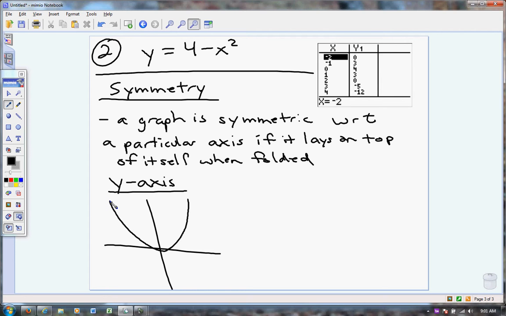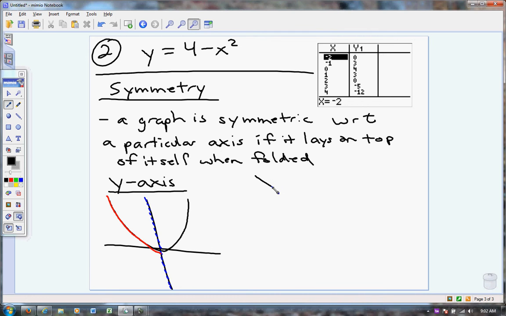If I have the granddaddy function or the parent function of the quadratic that is not shifted left or right, I can see that this thing is symmetric about the y-axis. Because if this was on a piece of paper and I folded it on that line, it would lay right on top of the other side. So that's the idea of symmetry about the y-axis.